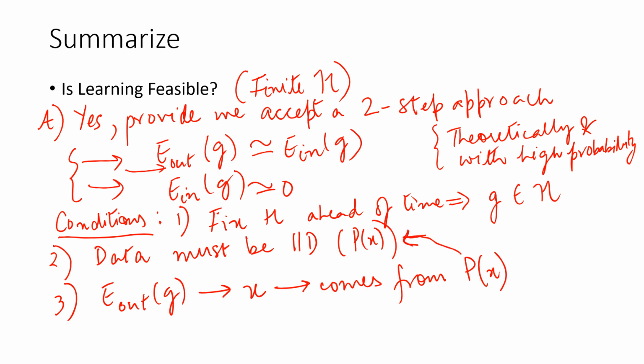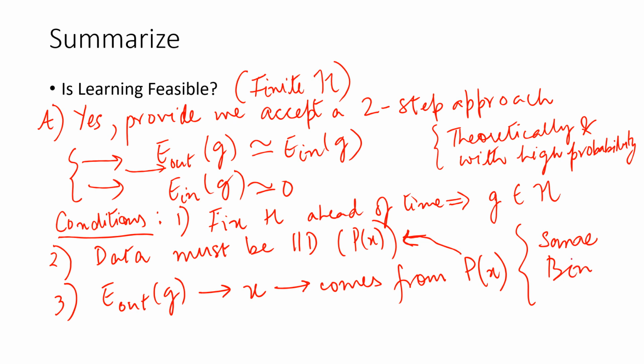As long as these three conditions hold, then we can definitely say yes, learning is feasible via the two-step process. This is telling us that both the test and the training came from the same bin, if you remember the bin model.